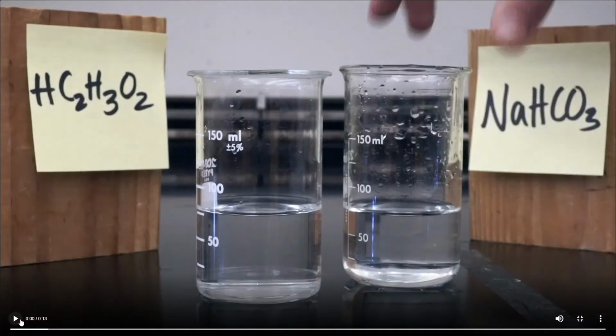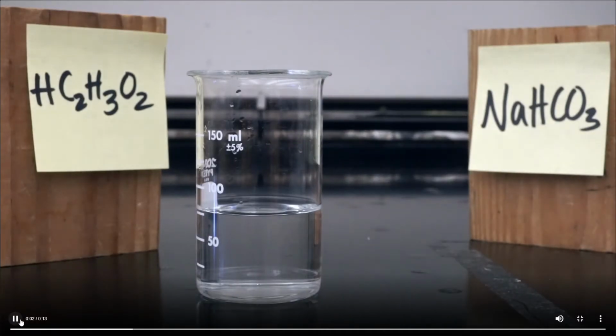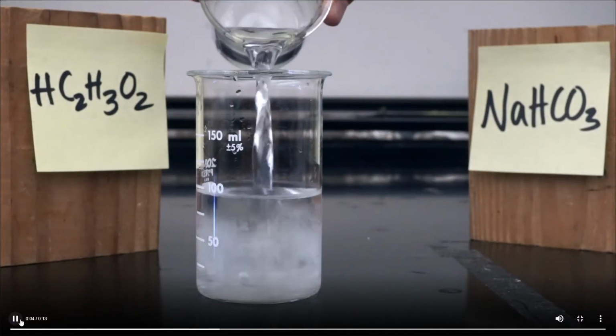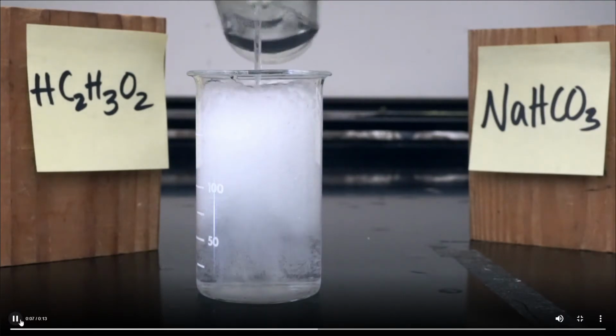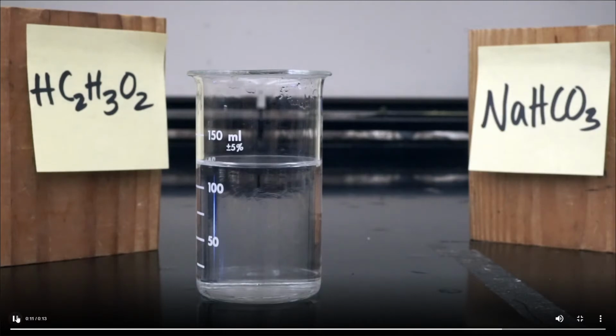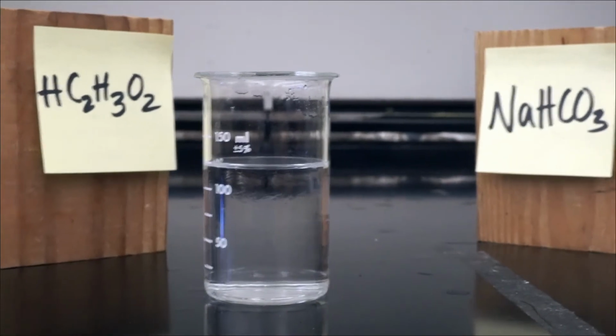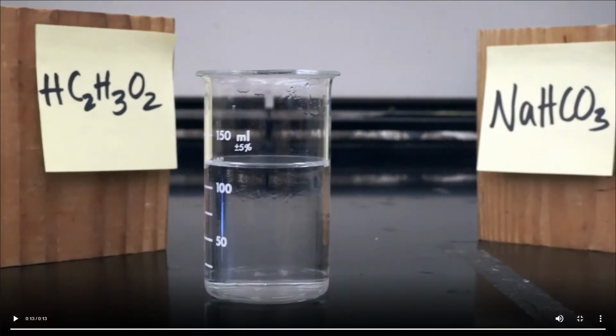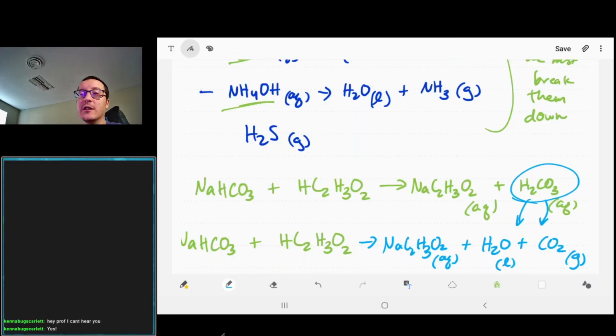So here, we can watch it again. In it goes, bubbles like crazy, all because of that decomposition of the carbonic acid. It breaks down immediately into H2O and CO2.